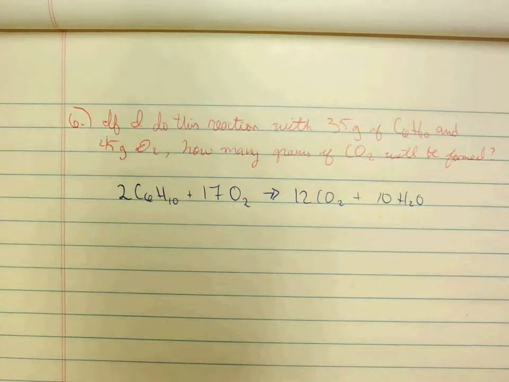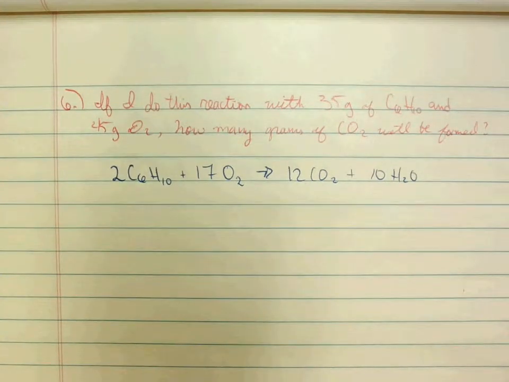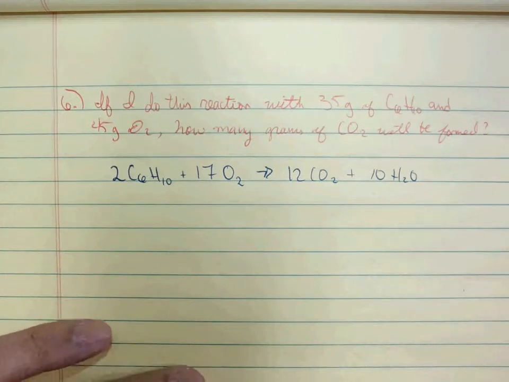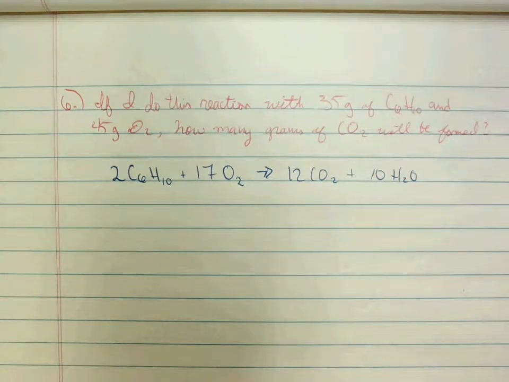The issue with stoichiometry, when you are not given exactly how much you're going to make, is that you have to do two problems. When we first talked about stoichiometry, we talked about how if I have 1 pound of sugar and 3 pounds of flour, I could maybe make some cookies, right?